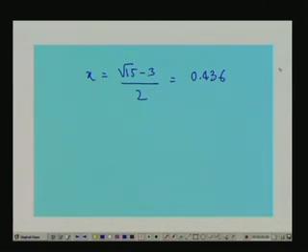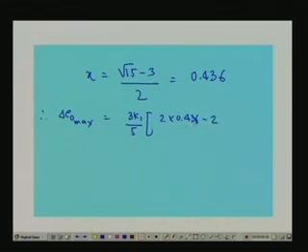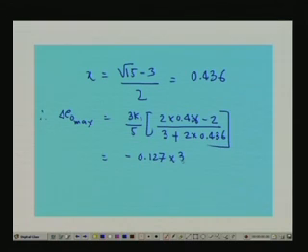So, delta E naught max equal to 3 K1 by 5 into 2 into 0.436 minus 2 upon 3 plus 0.436, equal to minus 0.127 into 3 K1 by 5.